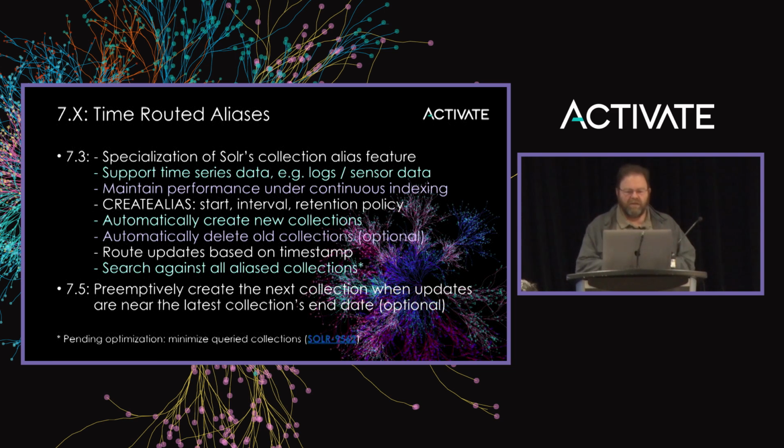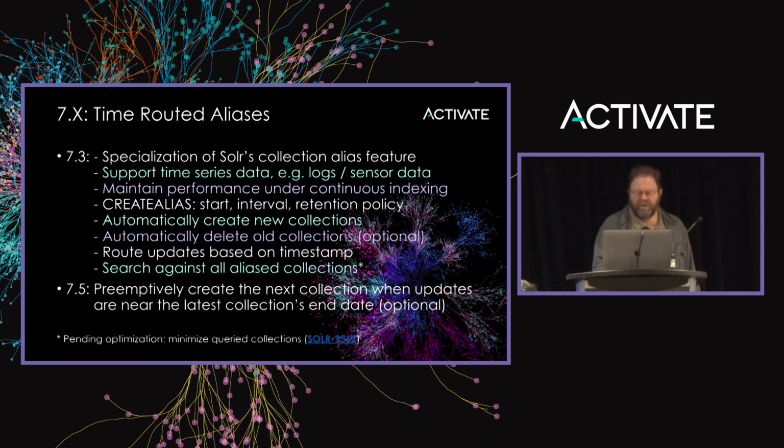As you send in updates, if there is no collection for the timestamp on the update that you're sending in, a new collection, or potentially multiple collections, will be created to host the data that you're sending in. And as I said, the system can optionally be set up to automatically delete old collections.